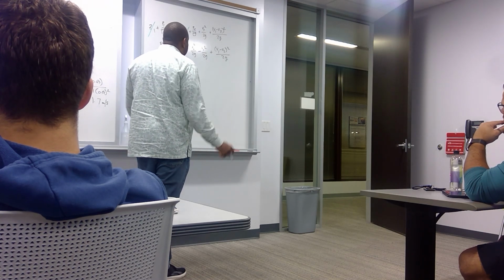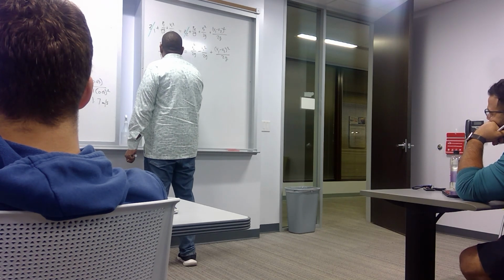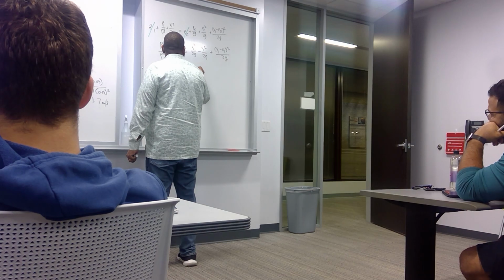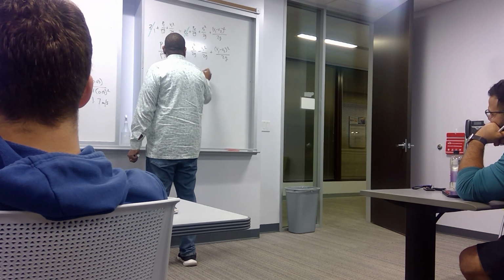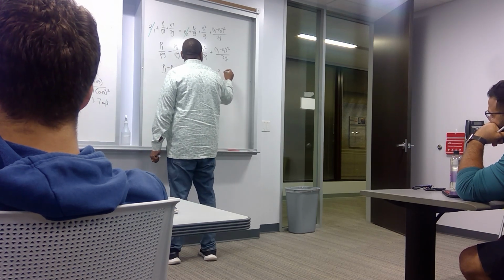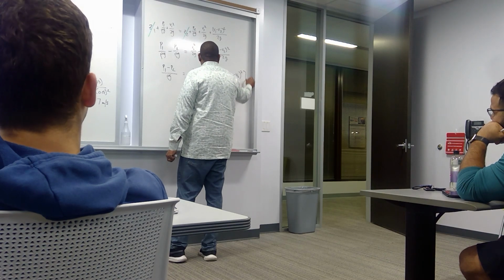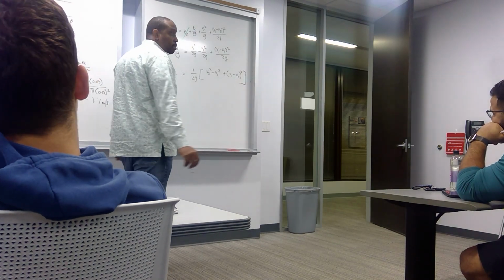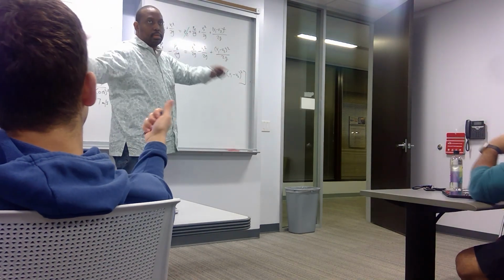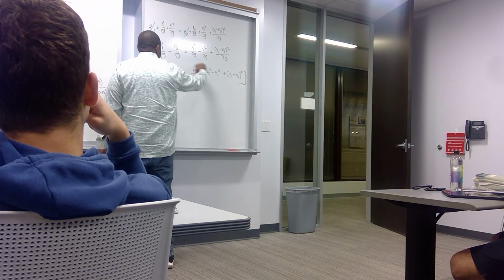Right, so (P1 minus P2) on rho G is equal to 1 over 2G times [V2 squared minus V1 squared plus (V1 minus V2) squared]. Yes? So P1 minus P2, I can carry this over.